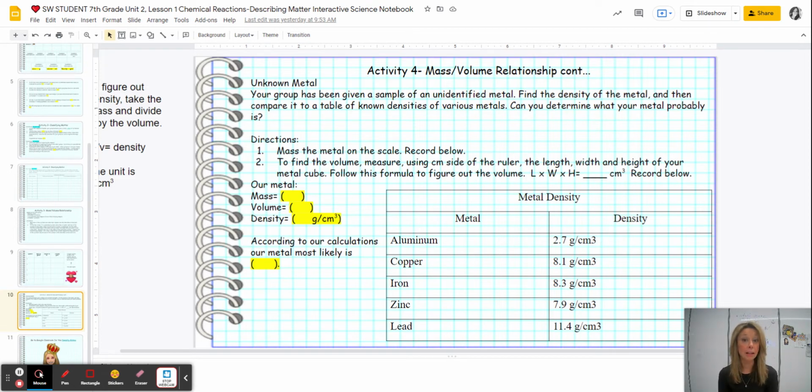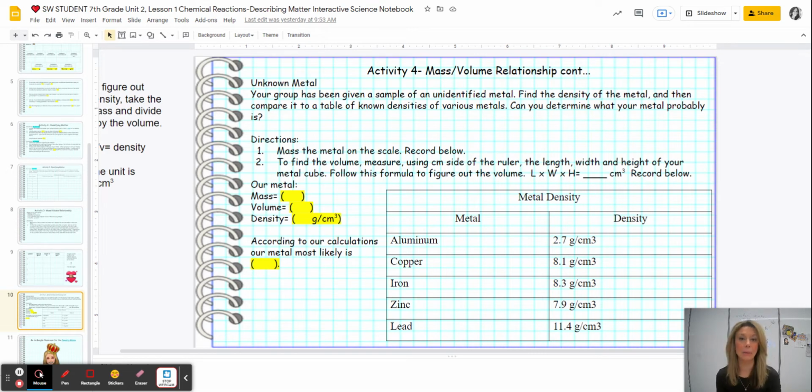And then we use the formula mass divided by volume. So the M over the V is our formula. You can figure out the density and then compare the density of that object to known densities of objects, and it can help determine what that substance is.